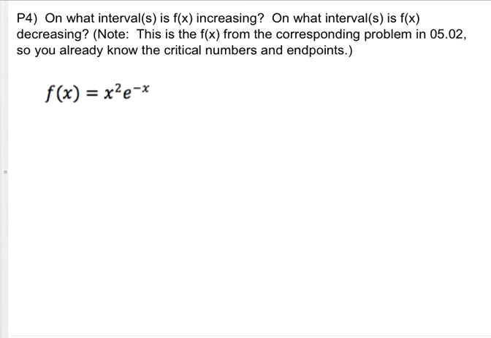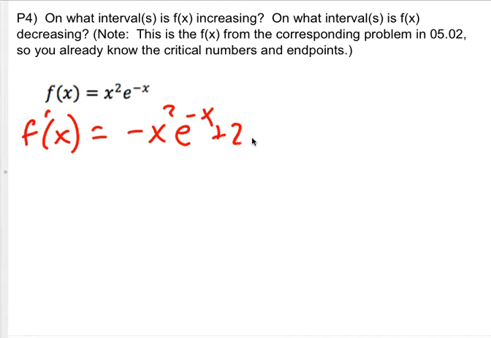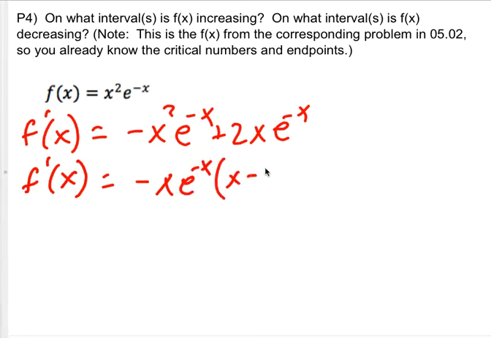All right. Same idea. We've already differentiated this, right? So I'm going to get this plus this. UdV plus VdU, right? In the last video, we also had already factored out a negative x e to the negative x, and we were left with an x minus 2.